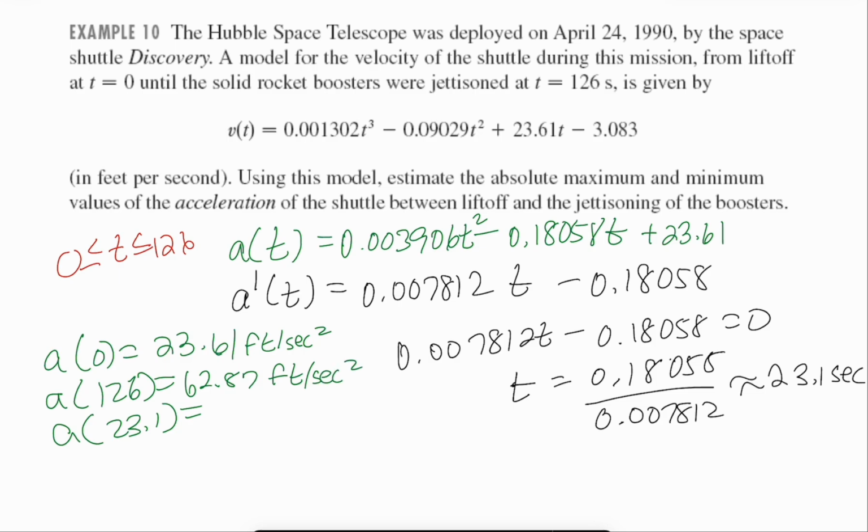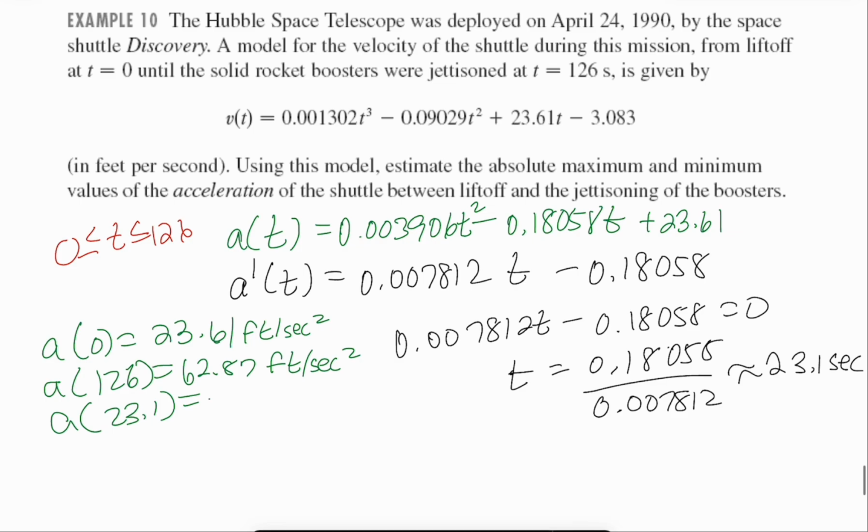And if we plug in 23.1, we get 21.52 feet per second squared. Okay.